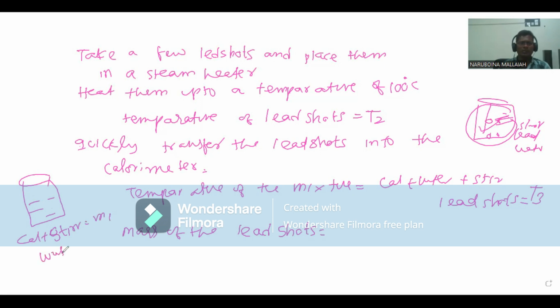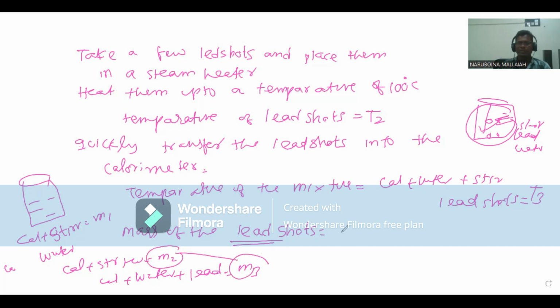When we pour water, calorimeter, stirrer, water, that is M2. Now calorimeter, water, lead shots, that is M3. So to get only the mass of the lead shots, we have to subtract this M2 from M3. That means M3 minus M2.